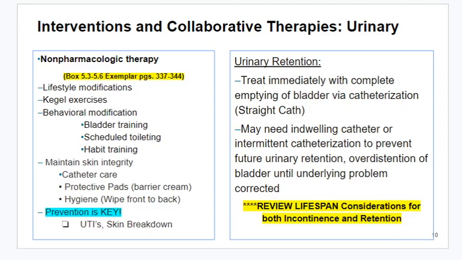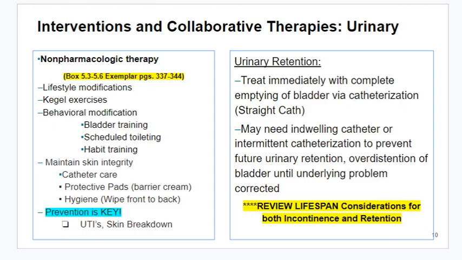Obviously, if there's something that we can pinpoint, like that prostate problem, or if there's an underlying problem with the bladder because of that pelvic floor not being anatomically where it needs to be, we can obviously do some surgical things to fix that.